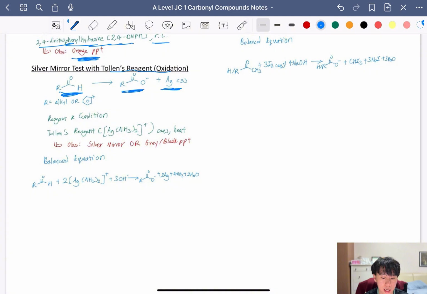And the reagent conditions are Tollens' reagent, so do memorize the reagent as well. This is the complex that's being used under heat. And the observation is you'll produce a silver mirror or sometimes just a gray/black PPT, which is just a silver solid. The balanced equation is also something that you should try to memorize if you can, because this will save you some time during the exams as well.